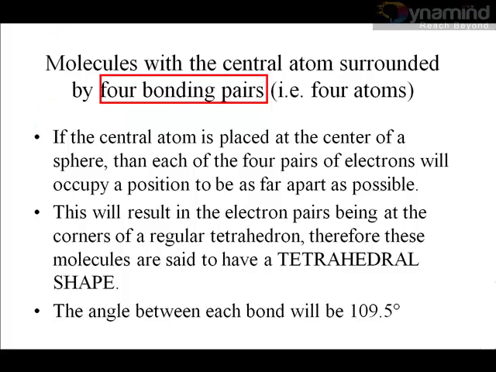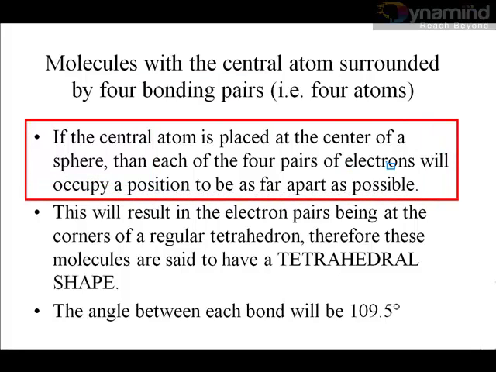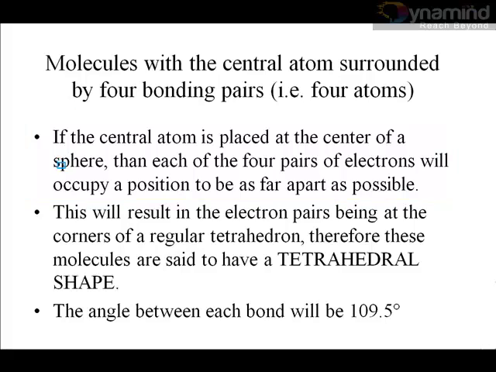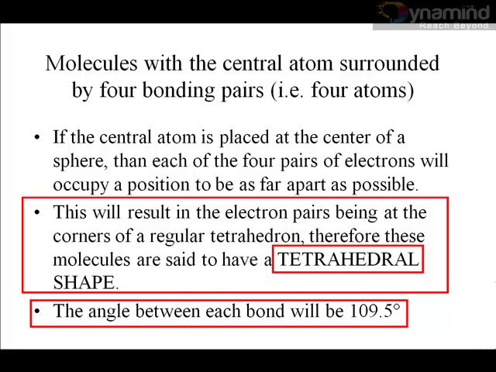Now if we see this situation, the central atom is placed at the center of a sphere, then each of the 4 pairs of electrons will occupy a position to be as far as possible. This will result in the electron pairs being at the corners of a regular tetrahedron. Therefore these molecules are said to have a tetrahedral shape, and the angle between these will be 109.5 degrees.